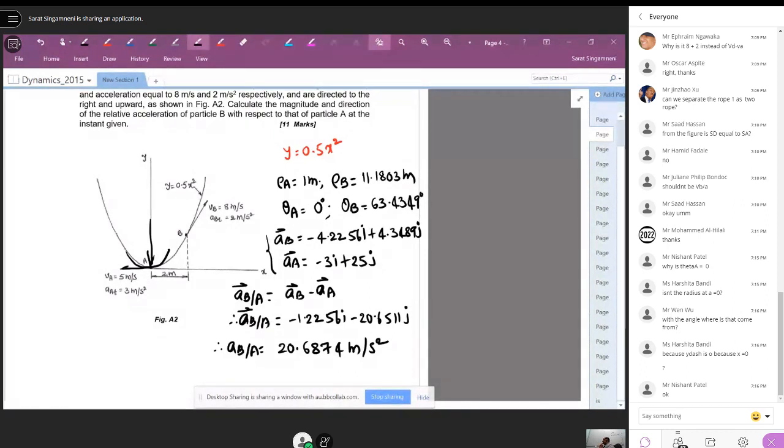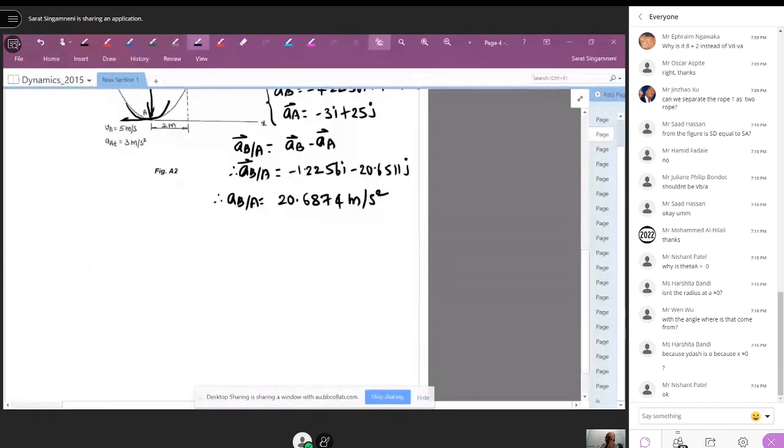I'll ask you one question. So far, you have looked at equations like this: y equal to a function of x. For example, if someone gives you, instead of y equal to 0.5 x squared, say if it is x equal to 0.5 y squared, how would you apply these equations?